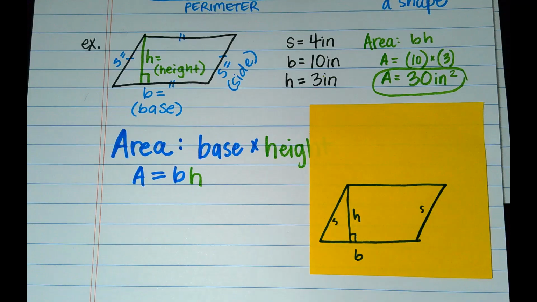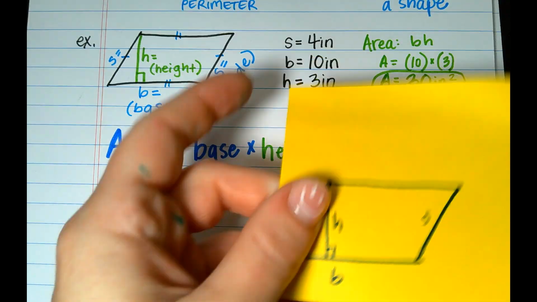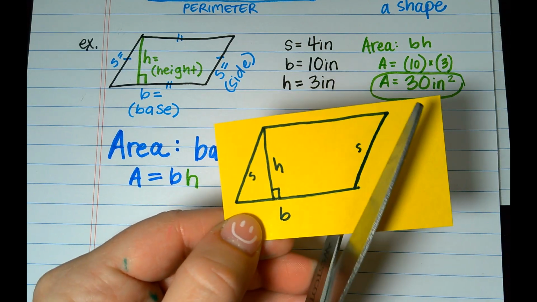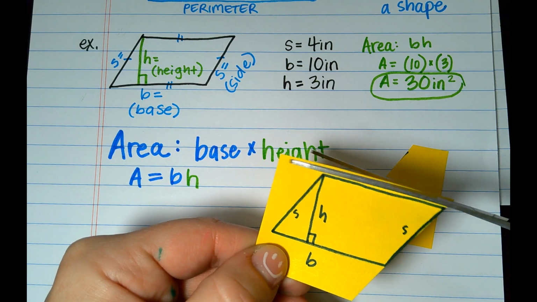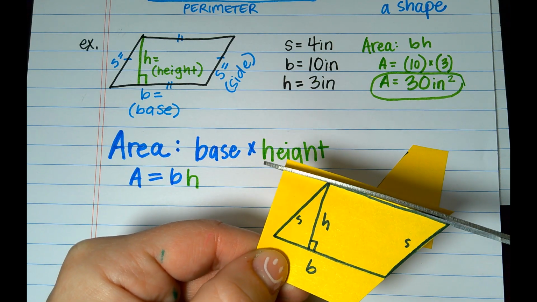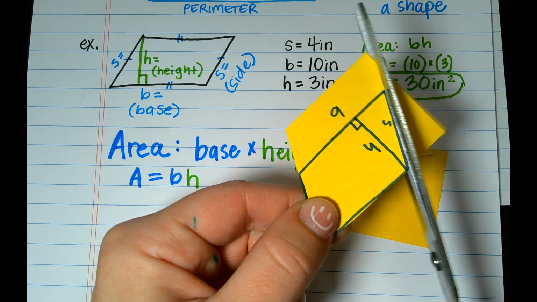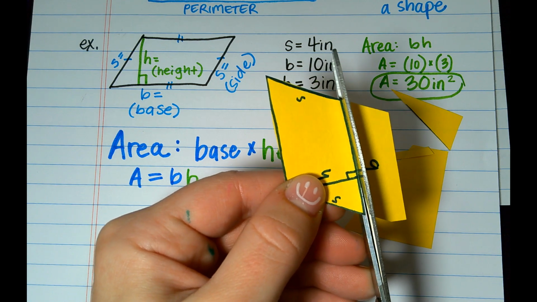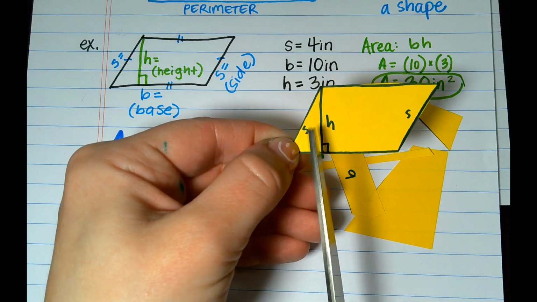And the reason we do base times height is because if I take my parallelogram and I cut it out, my base is at the bottom, there's my height.